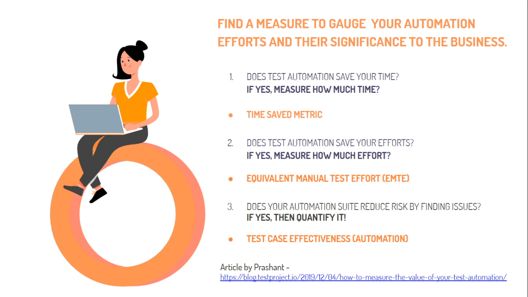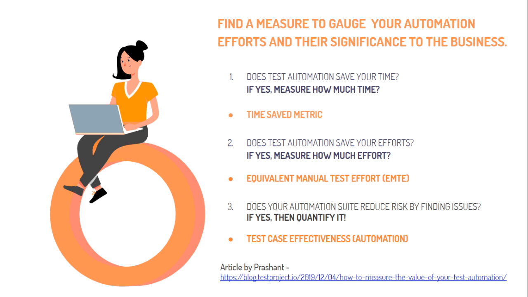You can ask three simple questions. Does your test automation save your time? If yes, how much time? Does your test automation save your efforts? If yes, how much effort? Does your automation reduce risks by finding issues? If yes, then quantify it.